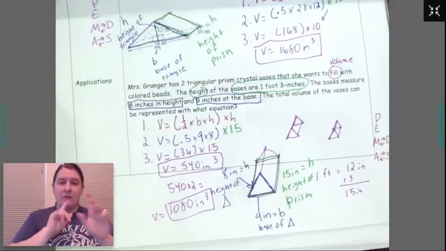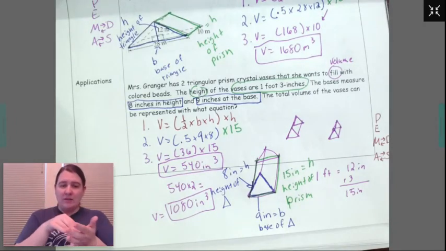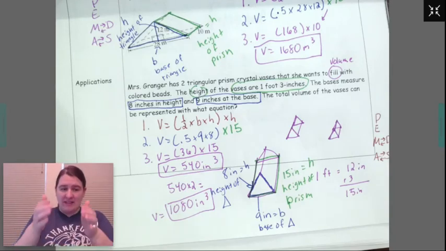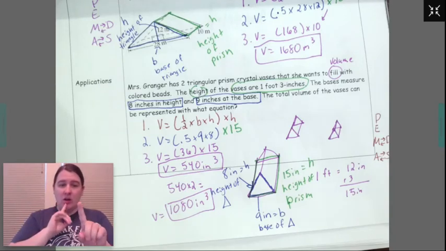Alright, so that would be our answer, 1,080 inches cubed for both vases for the answer to our problem.